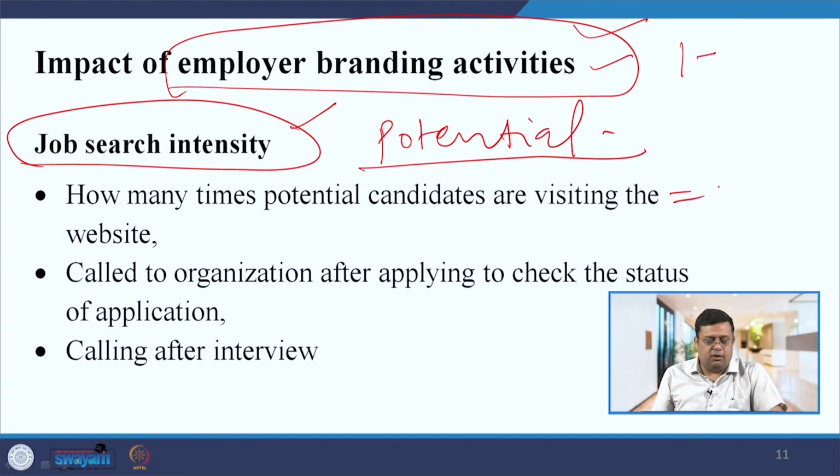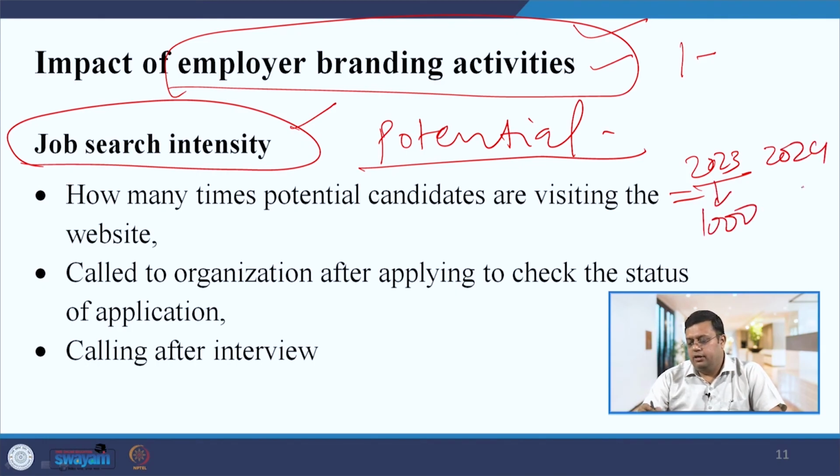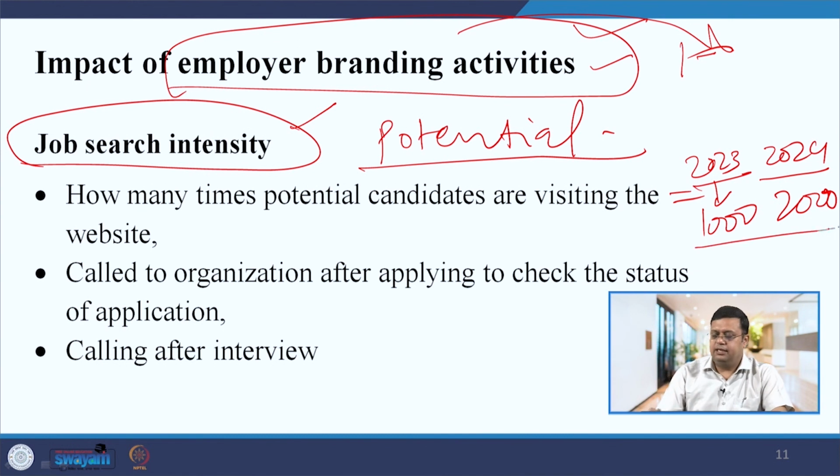What was the number of potential candidates who had visited your website last year and this year? For example, in 2023, what was the number? Let us assume it was 1000. If in 2024 it reaches 2000 after some of the activities, then you can say it is making some impact.